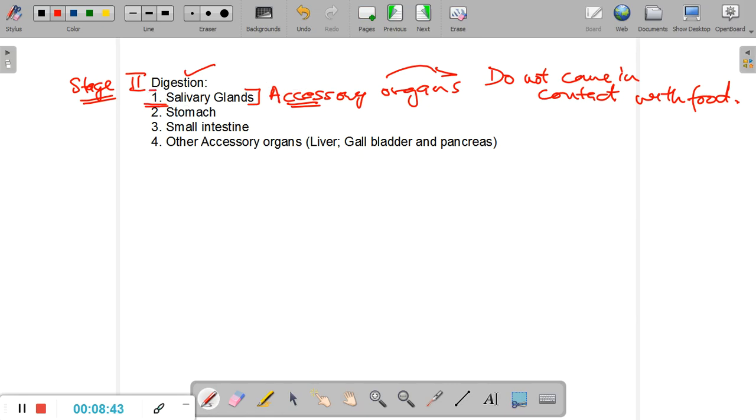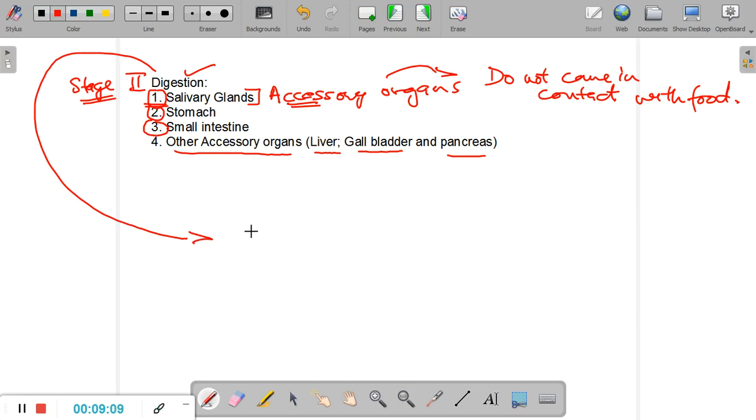So the first organ that is involved in digestion are the salivary glands, the second is the stomach, the third is the small intestine, and then we have other accessory organs which are indirectly involved in digestion but are extremely important, namely liver, gallbladder, and pancreas. So let us also define what is digestion once again so that it becomes easy for us.